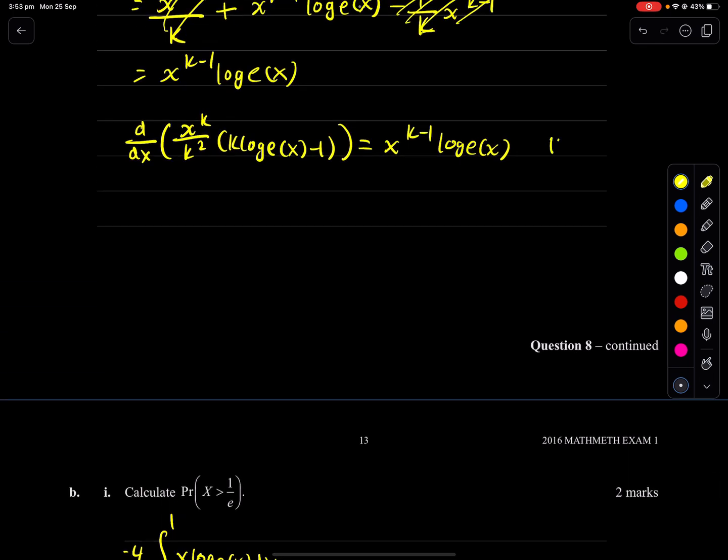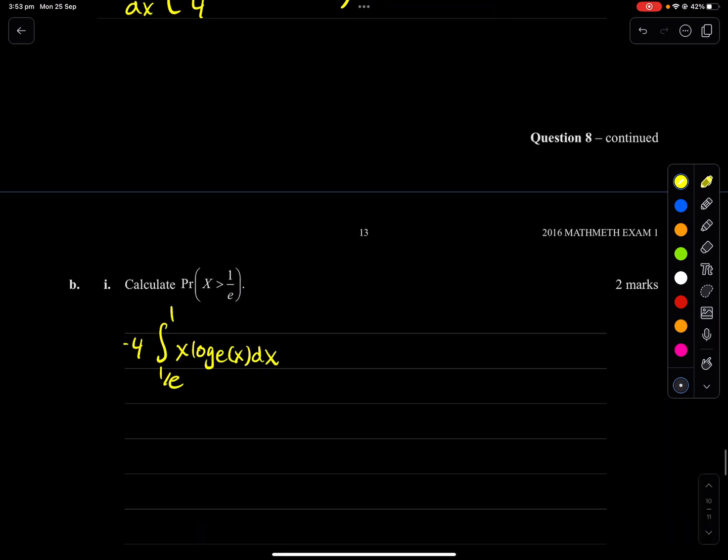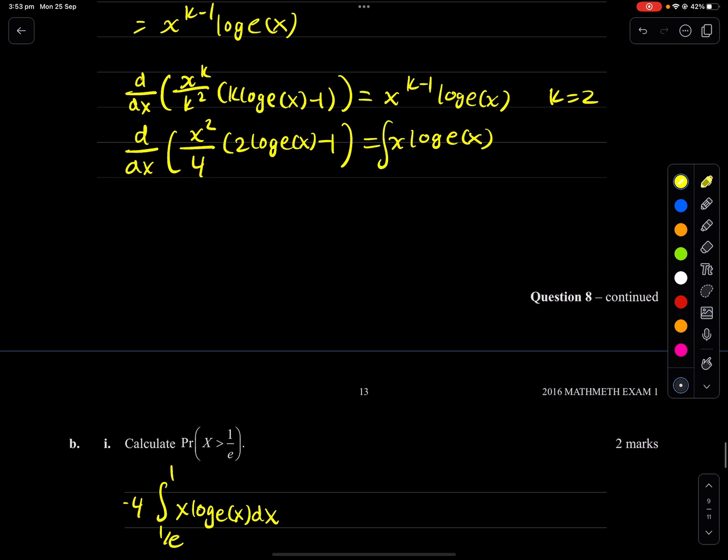We will let k equal 2. Because what happens now? It will become d/dx of x^2 over 2 squared, 4, 2 log e x minus 1, which gives x log e x. Perfect. So if I was going to integrate this side here, I have to integrate both sides. Luckily, these cancel out. So this is the actual antiderivative of it.